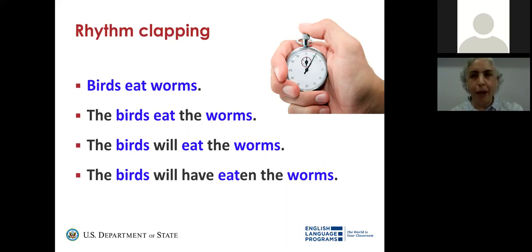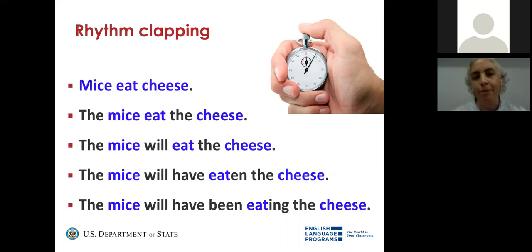So I have just a couple more for you to try practicing. Mice eat cheese. So just at your computer, try clapping that. Give one beat, one clap for each of the blue words and see if you can pronounce those sentences at about the same speed. Even though the top one has fewer words and the bottom one has a lot more words, it takes about the same amount of time to practice each line.